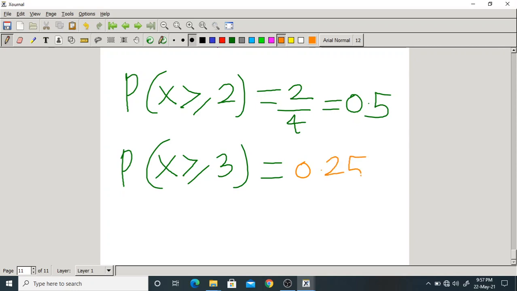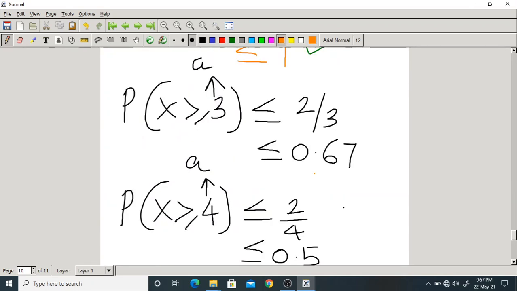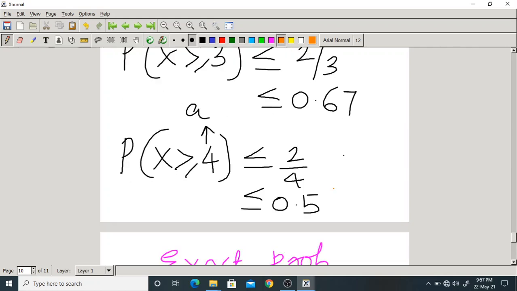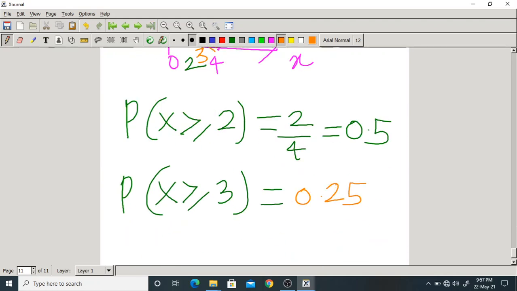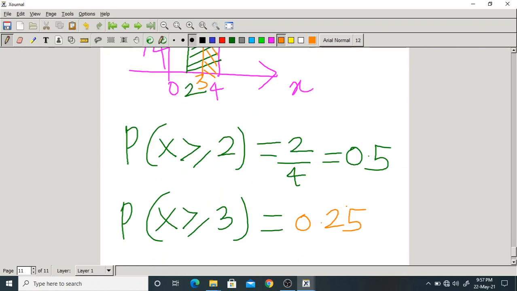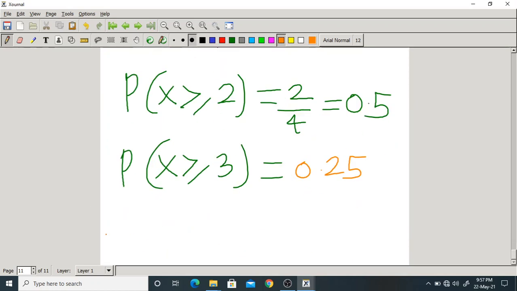This is the exact probability. But what is the inequality? X greater than or equal to 3 means 0.67. So 0.25 is less than 0.67. What is the error? This minus 0.25.